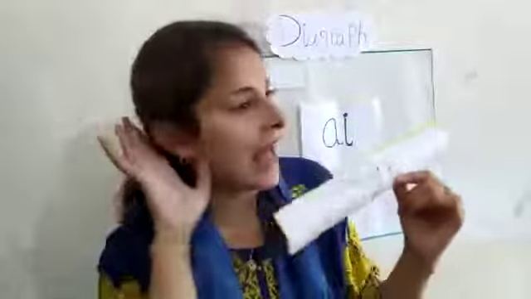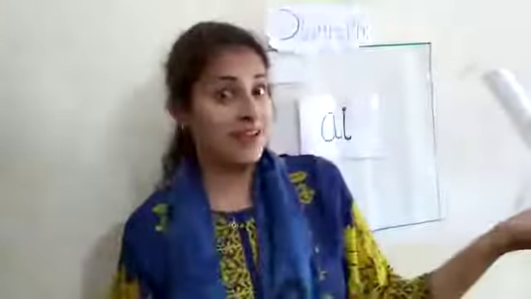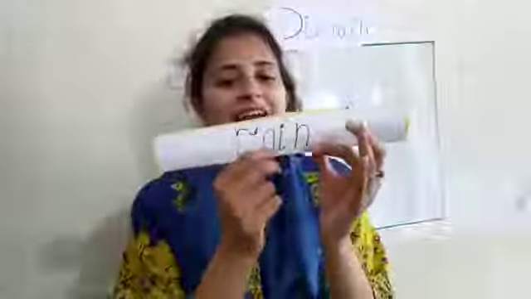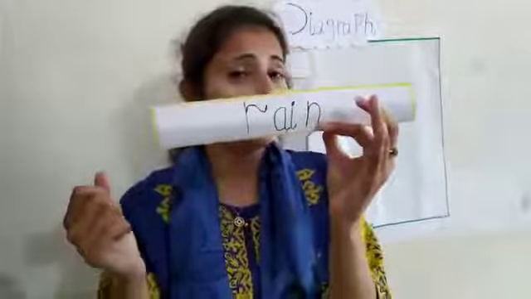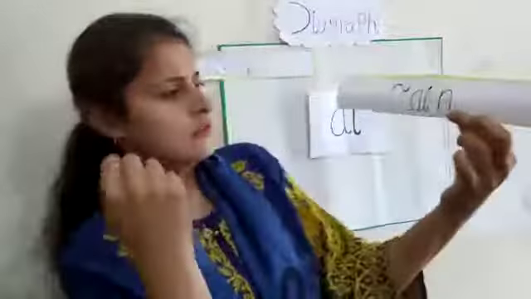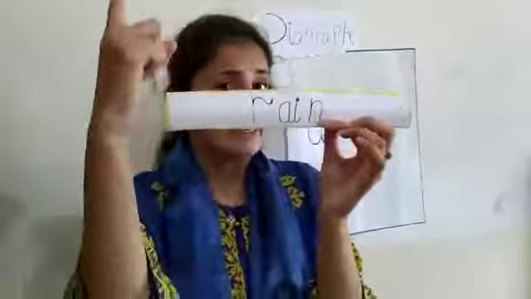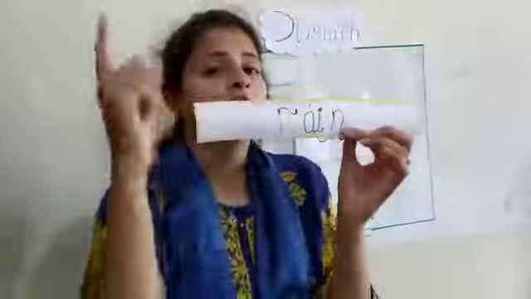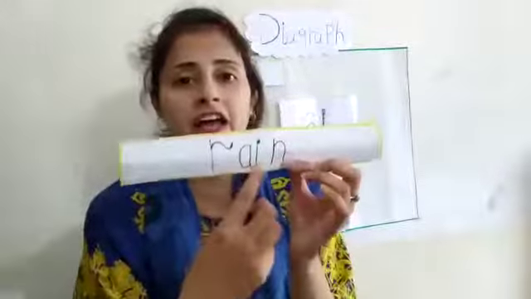And this one is again A, like an aeroplane. A. Rain. And how many sounds in the word rain? 3 sounds. A. Rain.